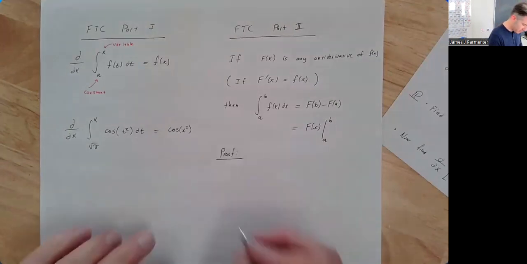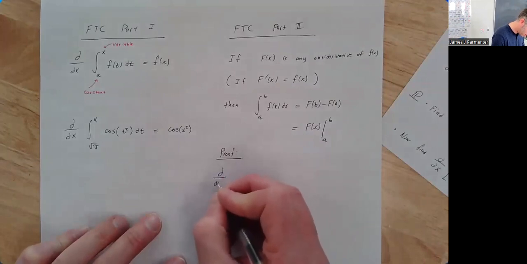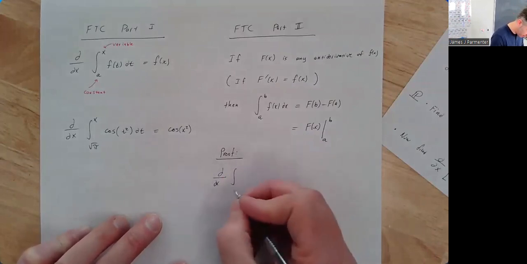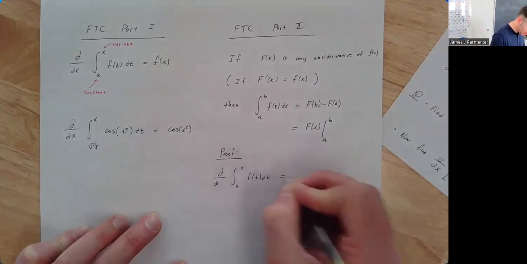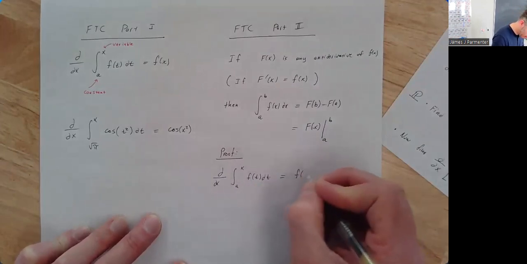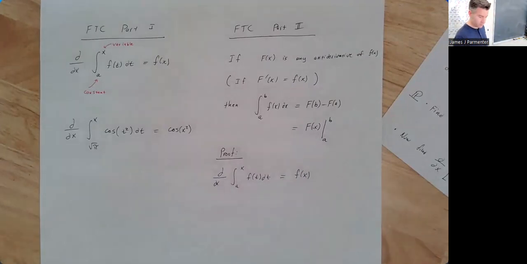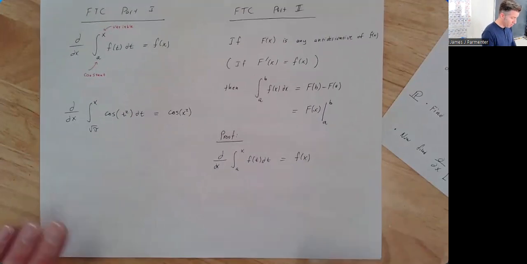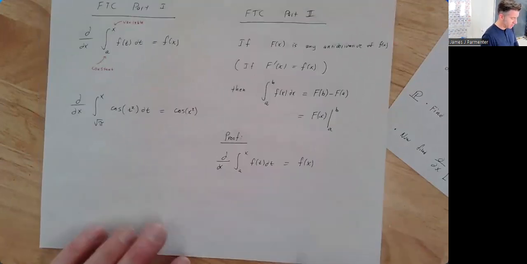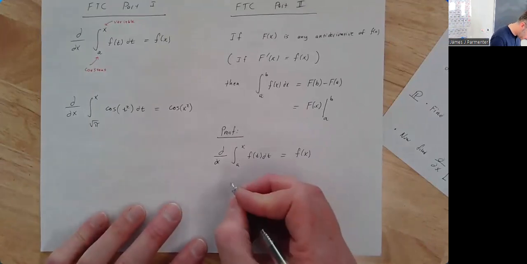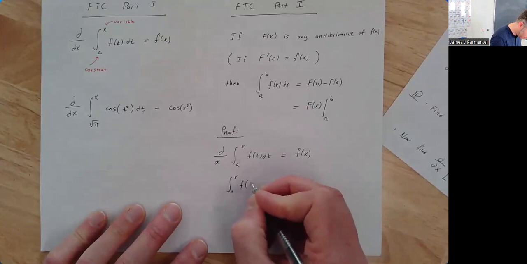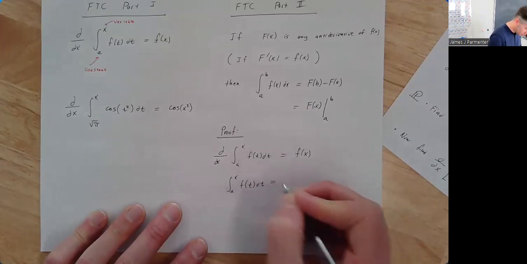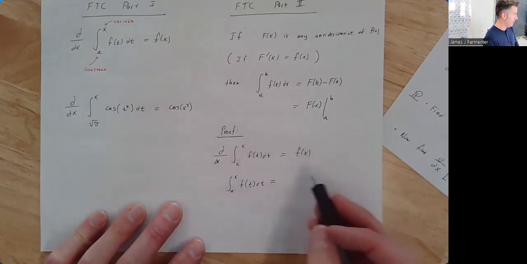So let's take the derivative of the integral from a to x of f of t dt. And we know that's supposed to equal f of x by part 1. So we know that if the derivative of this is equal to that, then the integral from a to x of f of t dt should equal some antiderivative of f of x.